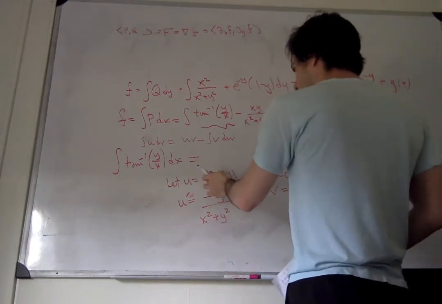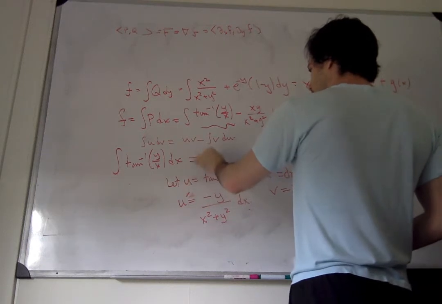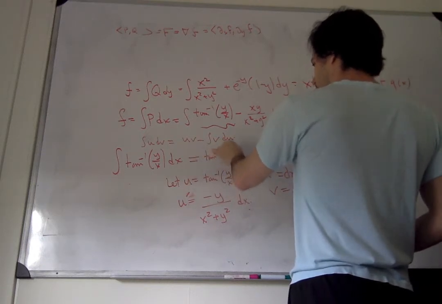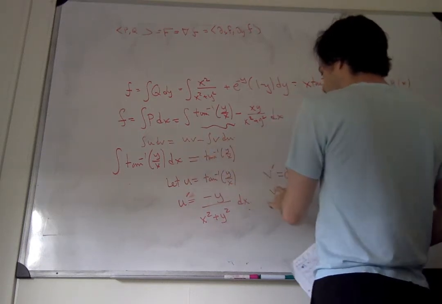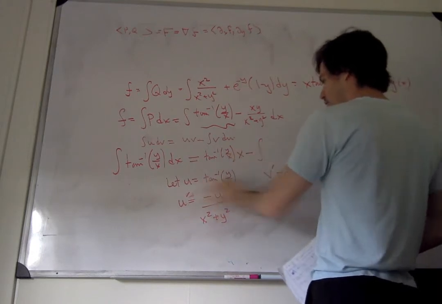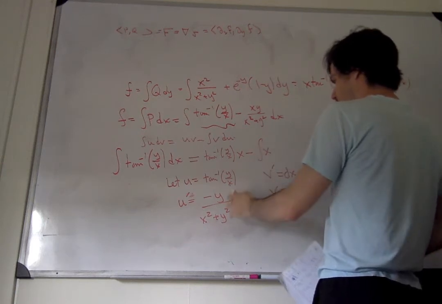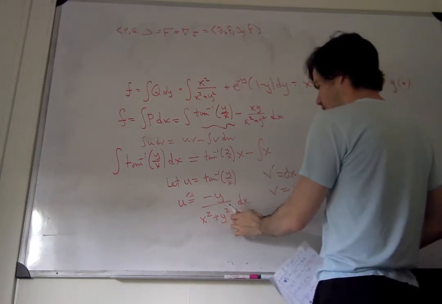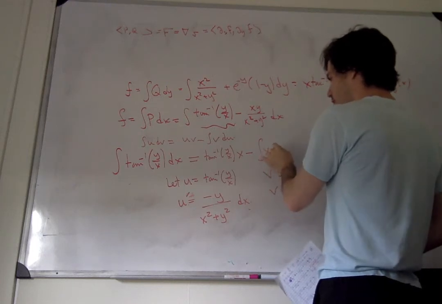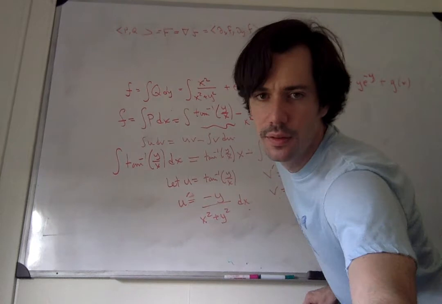I get u v minus v du, which is minus, right?